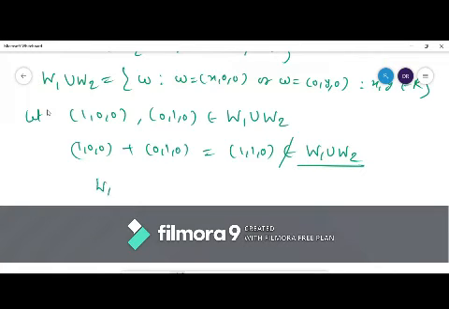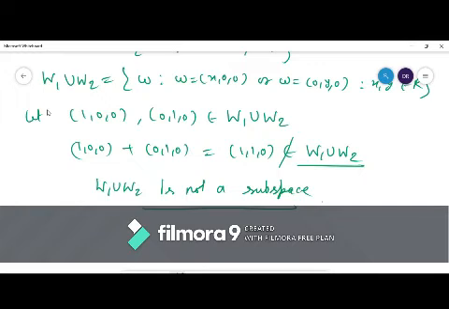Hence W1 union W2 is not a subspace. So in case of union, it need not be a subspace.